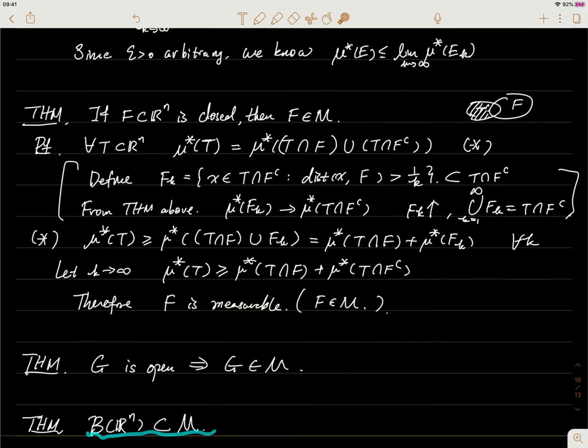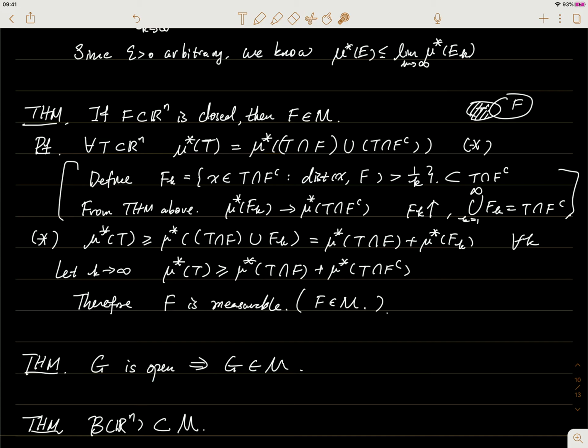And from the open sets being measurable, we can claim that the Borel set is a subset of the set of measurable sets. The reason is that the Borel sigma algebra B(R^n) is the smallest sigma algebra generated by the open sets.